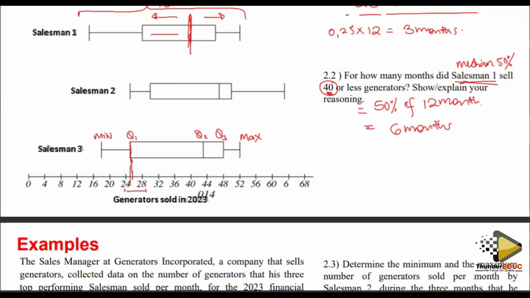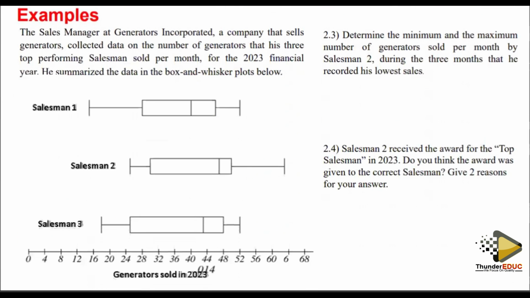Okay, we continue. Let's look at the other. It says, determine the minimum and the maximum number of generators sold per month by salesman 2. So remember, we are looking at the year. Minimum is this value here, maximum is this other value here.